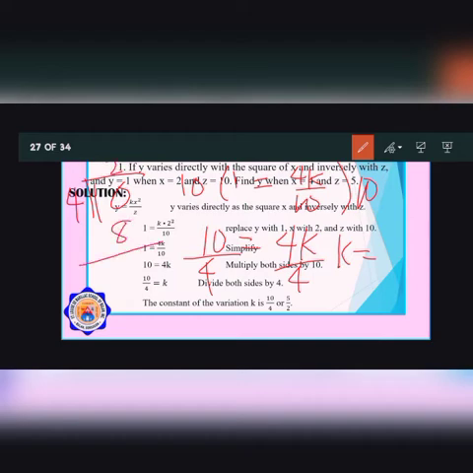Then, 0 minus 8 cannot be. So, magbabaraw tayo. Magiging 10 ito, ito magiging 0. So, 10 minus 8 is equal to 2, sorry. So, add 0. So, 20 divided by 4 is equal to 5. So, dito ang answer dito is 2.5.